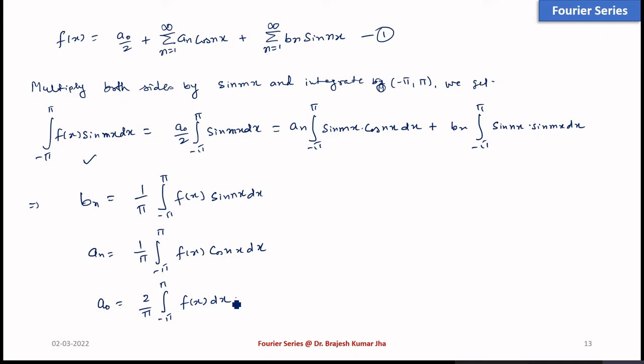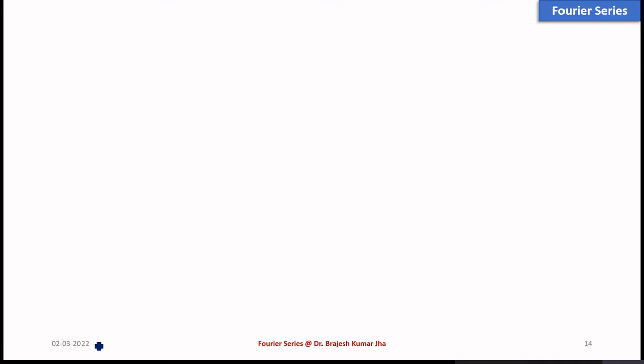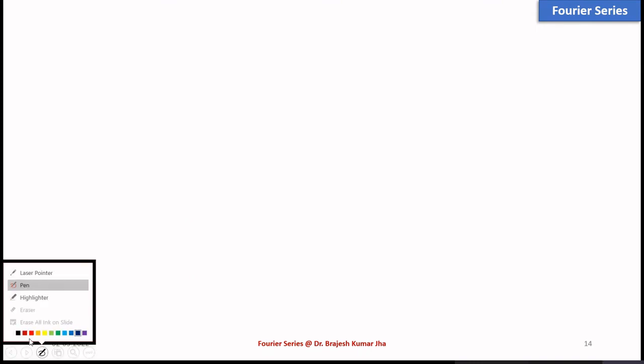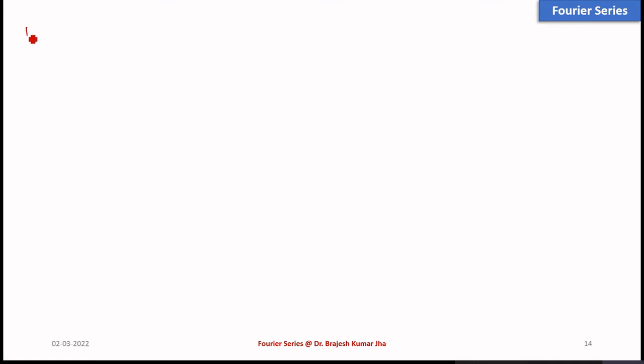So for any question which is given, suppose find a Fourier series of the function, f(x) you must remember, and accordingly a0, an, bn that you require to calculate. So let us take one example to get the Fourier series of the function.